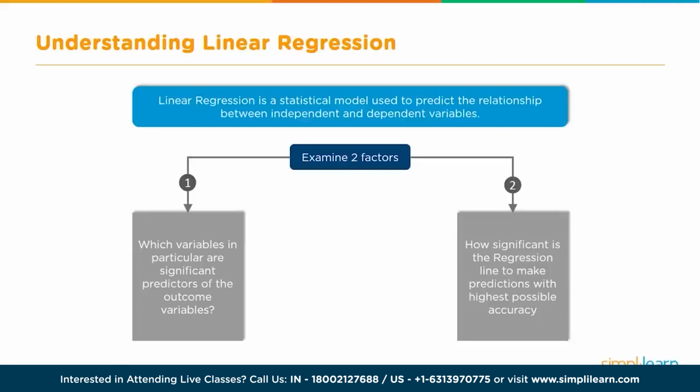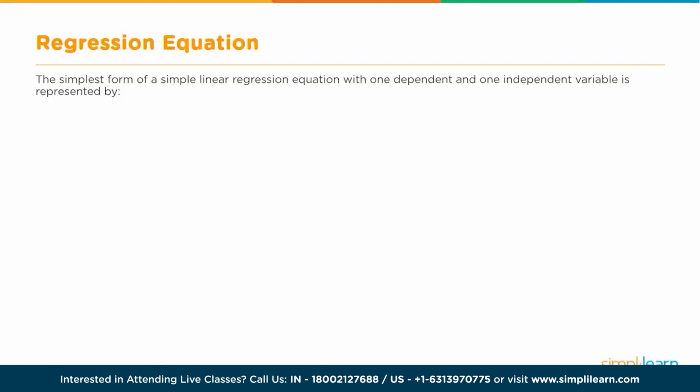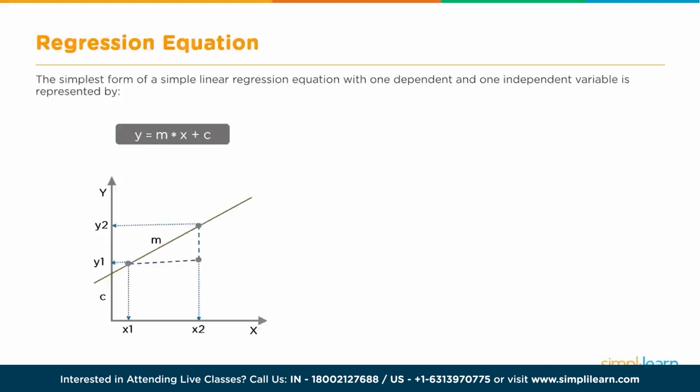Since linear regression is based on drawing a line through data, we're going to jump back and take a look at some Euclidean geometry. The simplest form of a simple linear regression equation with one dependent and one independent variable is represented by y equals m times x plus c. And if you look at our model here, we plotted 2 points on here, x1 and y1, x2 and y2.